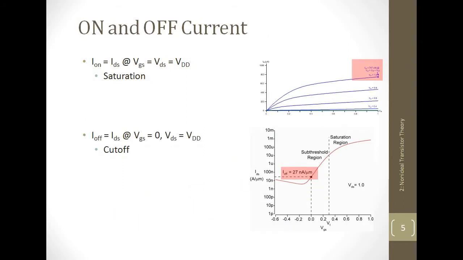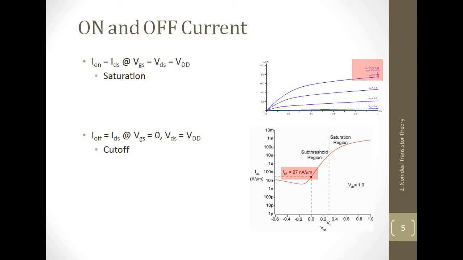Now the on and off current. The current is on, at the drain current, when VGS equals VDS equals VDD. In that case we say the MOSFET is in the saturation region. The current is off when the output drain current is at VGS equals 0.